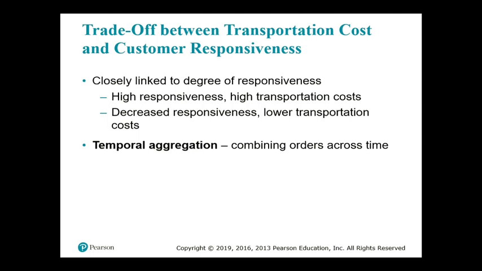So the more we aggregate, that means we're combining a longer period of demand into one transportation shipment. So that means larger order size, longer transportation lead time, and less responsiveness, but lower transportation costs because we can utilize economy of scale.